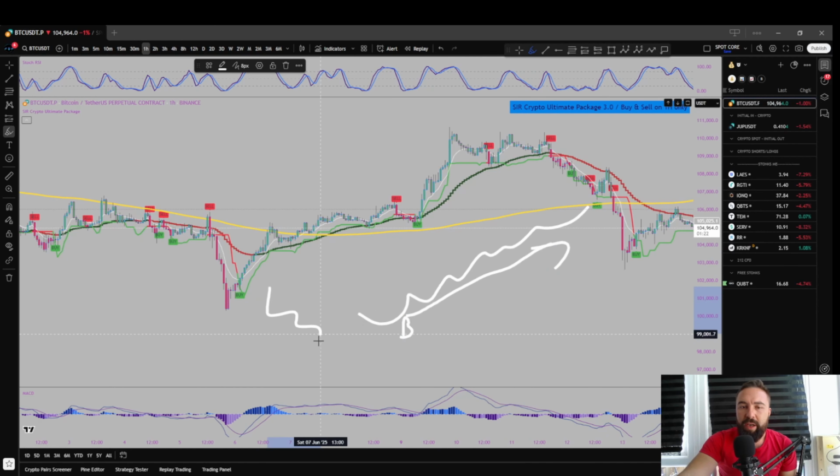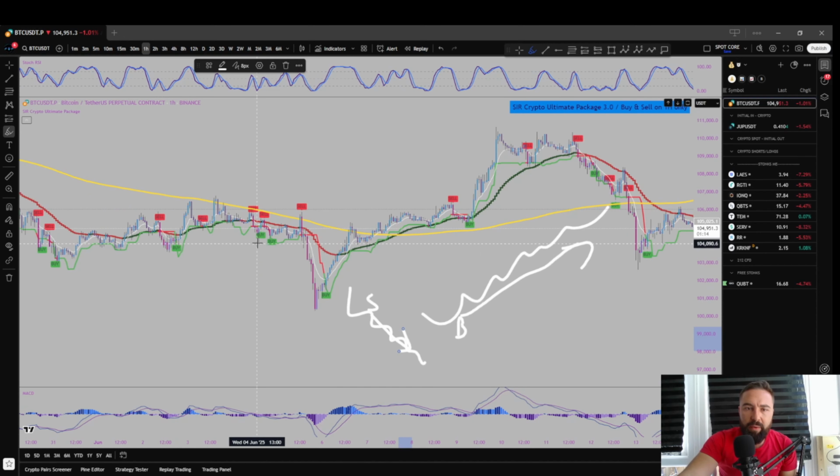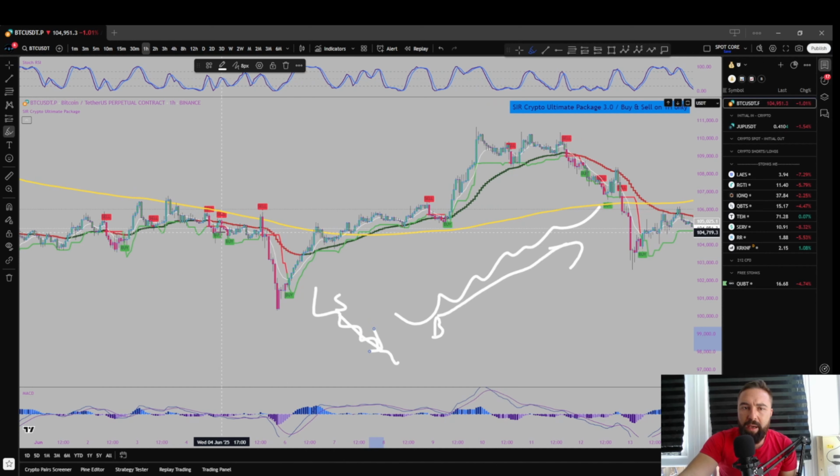When you have the downtrend and this S sell signal is gonna appear, you want to short, okay? You don't want to, for example here, buy in the downtrend. You can see this is the downtrend. You have lower highs and lower lows.